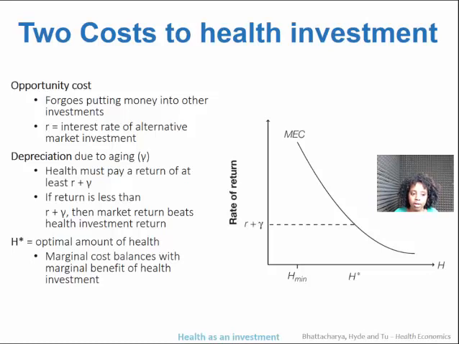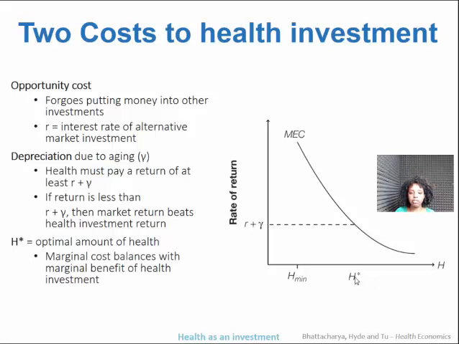That's the opportunity cost. And then there's depreciation, the fact that your health is going to be depreciating over time anyway. So in order to make an investment in your health worthwhile, it has to overcome both of those things, the rate of return on alternative investments and also the cost of depreciation.